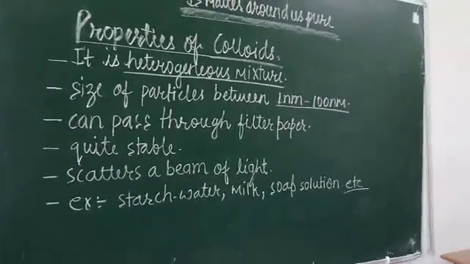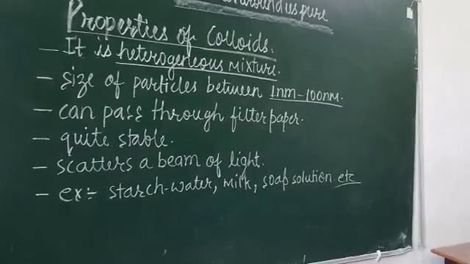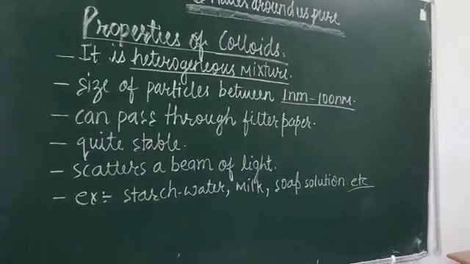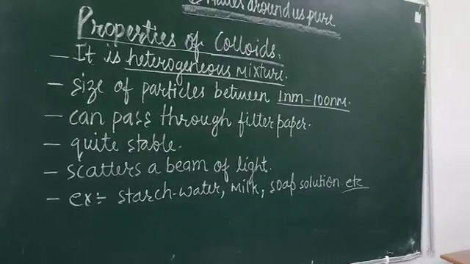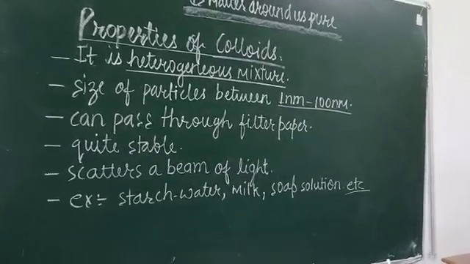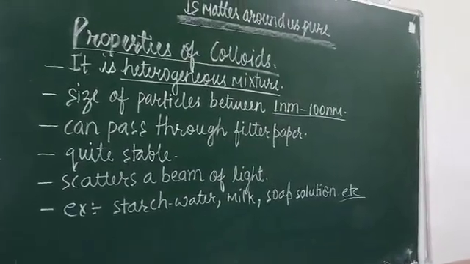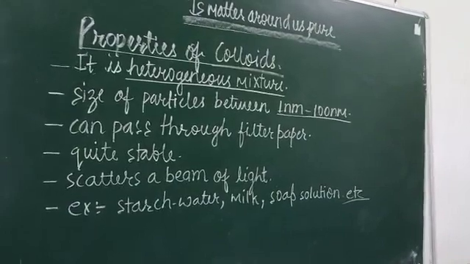Next, the size of the particles of a colloid is between 1 nanometer to 100 nanometer in diameter. That means the size of the particles of a colloidal solution is bigger than a true solution but smaller than a suspension.